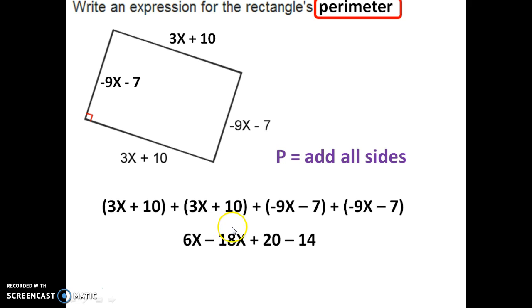And then the negative 7 plus a negative 7 gives us the negative 14 right here. We can then combine our like terms, so 6x minus 18x is negative 12x, and 20 minus 14 is 6. So our final expression for the rectangle's perimeter is negative 12x plus 6.